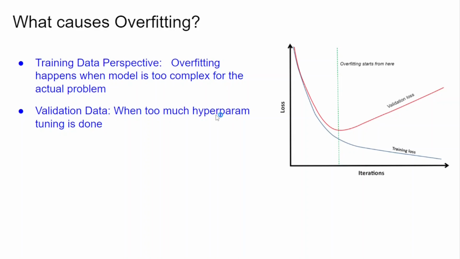So after doing my hyperparameter tuning, I would have found the sweet spot. But what if I have done excessive hyperparameter tuning to really find that sweet spot? Then in that case, I really have in some way cheated the whole system to make us all believe that overfitting is not an issue. Whereas genuinely, we have done too much hyperparameter tuning. Thus, using the validation data, we have cheated the system to actually overfit.